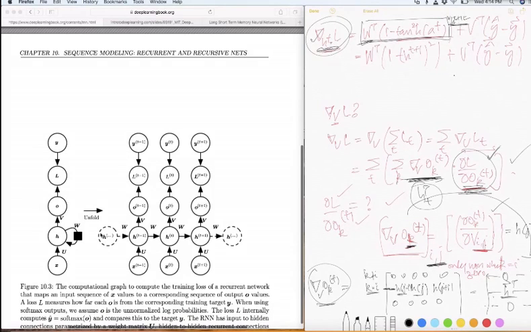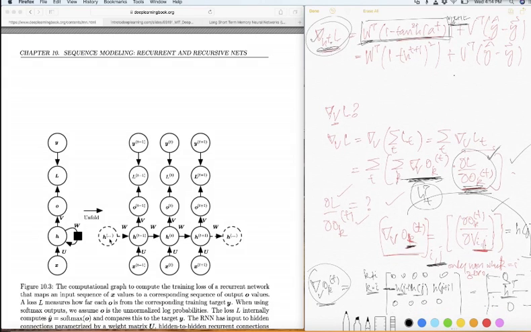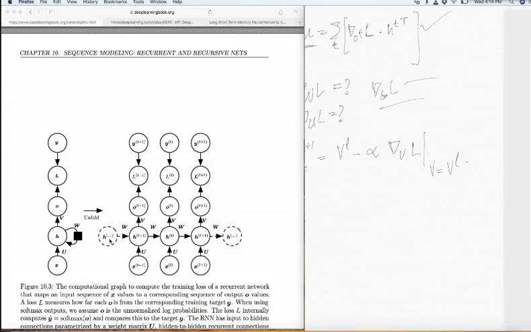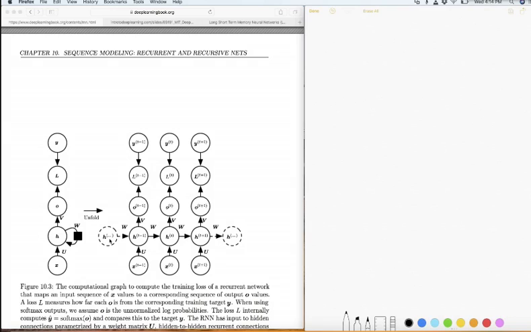All right, so that's back propagation through time, and it has some important consequences, positive and negative, that we will see shortly. What are the advantages or disadvantages? But you need to keep this equation in mind, this top equation. I want to write it over here so that we can use it. This is the key insight that we have.